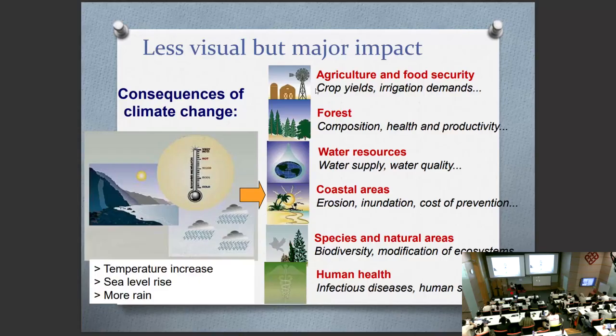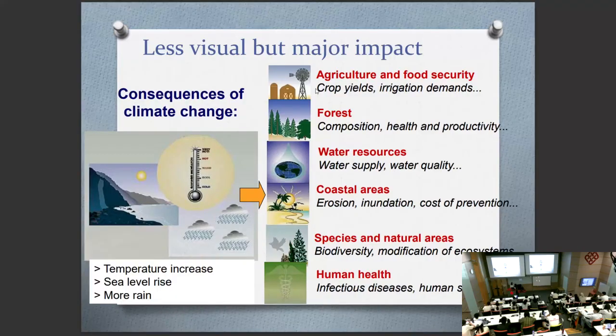So higher temperature promotes the growth of these kinds of plants in the ocean, and therefore these plants will take up the oxygen, and it will affect the life of those fish and other marine animals, and therefore our food maybe.